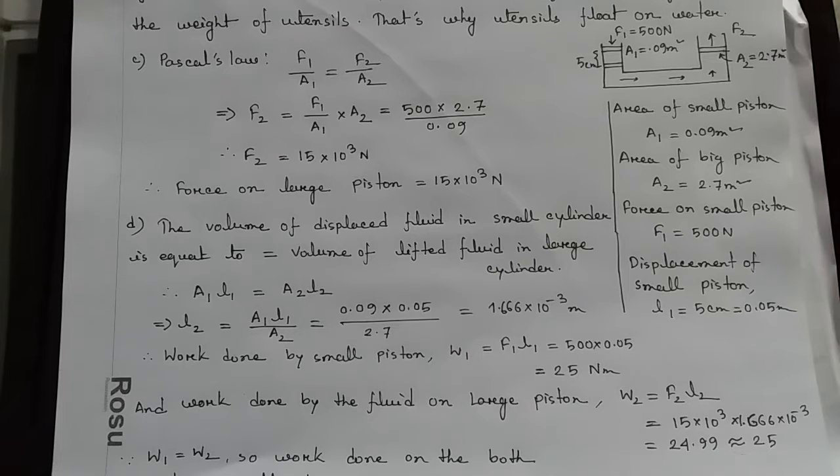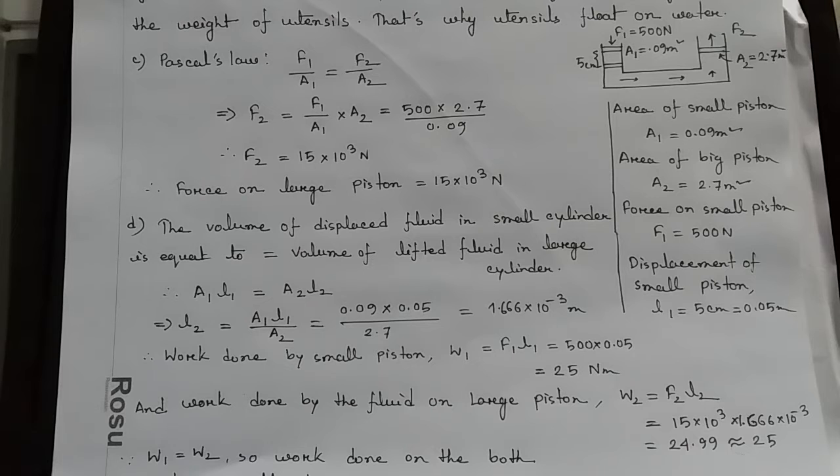So from our stem we get that the area of the small piston is 0.09 meters square, and the force applied on the small piston is 500 Newton. Area of the big piston is 2.7 meters square, and the displacement of the first piston or small piston, if we denote it by L1, then L1 is 5 centimeter or 0.05 meter. These are the overall information from our stem.